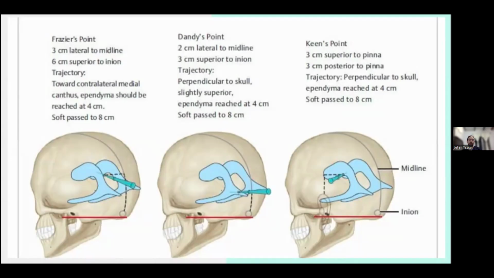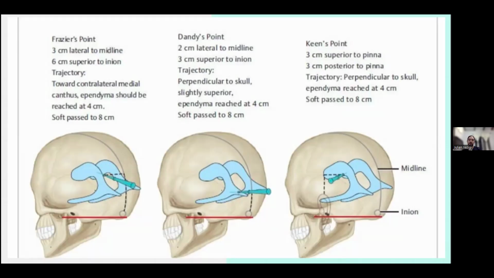Starting with Frazier's point, this is a posteriorly placed entry site used to access the occipital horn of the lateral ventricle. It's located approximately 6 centimeters above the inion and 3 centimeters lateral to the midline, placing it within the parieto-occipital region. From this point, the trajectory is directed anteriorly and slightly medially towards the occipital horn.